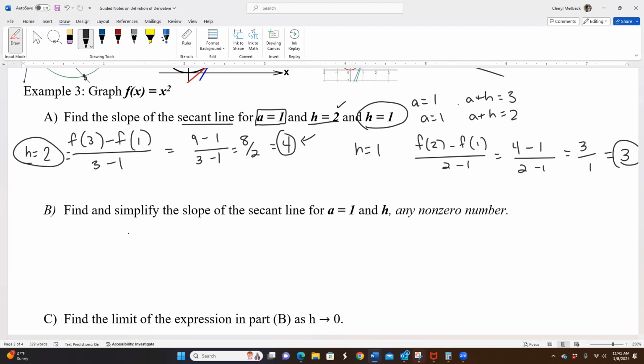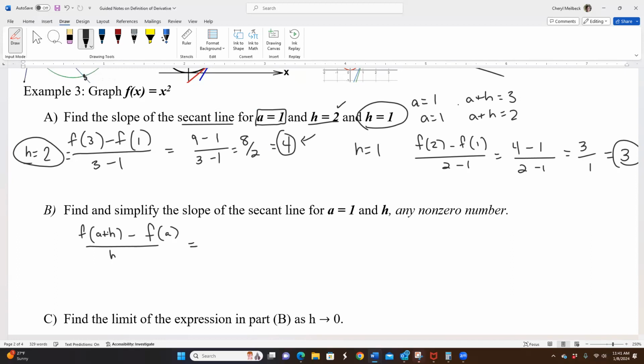Okay, so that is your instantaneous rate of change. Well, it's your average rate of change. So we're going to take f of a plus h minus f of a over a plus h minus a, which we discovered we can simplify to just h.